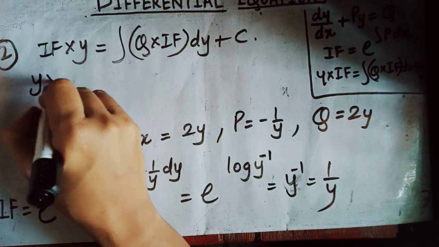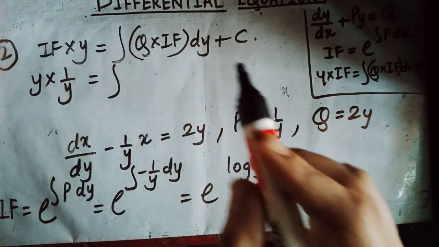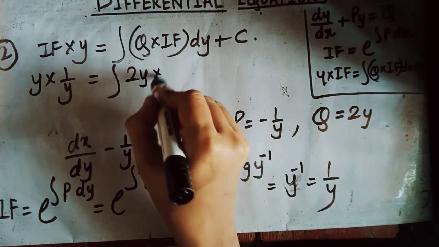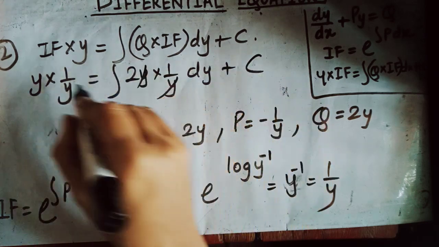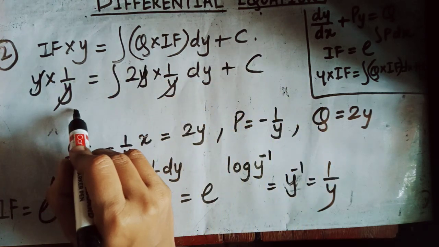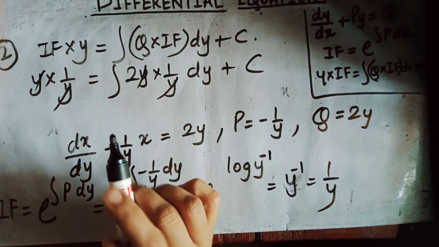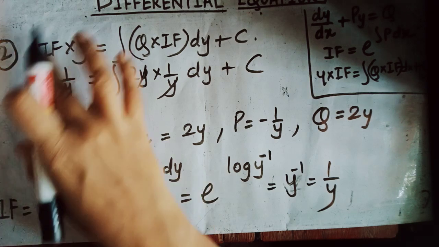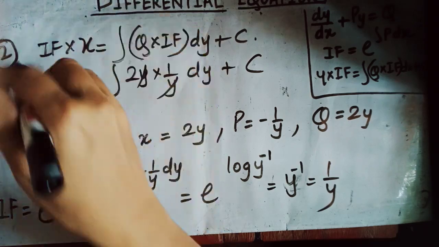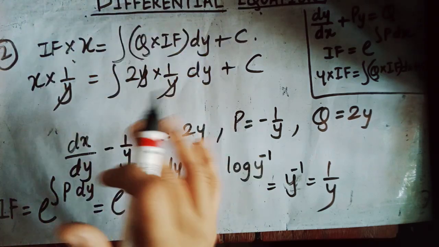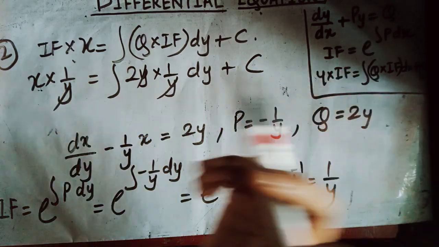So y into 1 upon y equals integral of 2y into 1 upon y dy plus c. Y gets cancelled, so we'll get 1 equal to... this is not y, this is x. Since we are taking dx by dy, we'll get the solution in x.